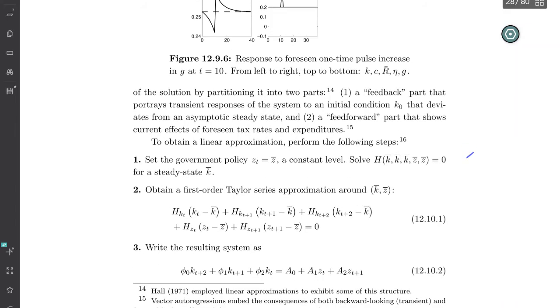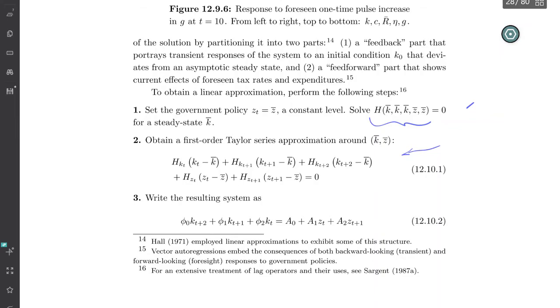Then get a first order Taylor series approximation around k bar or z bar, and if you do that, what you'll derive is a second order difference equation. So this is a linear approximation around that. We get this second order difference equation, and now we just stare at it.